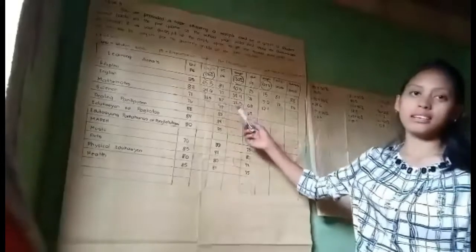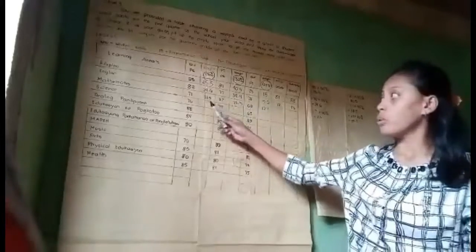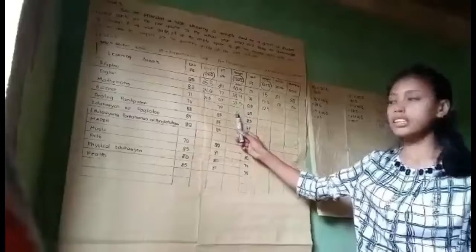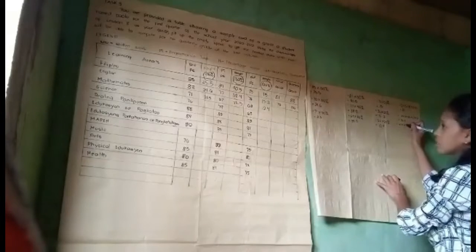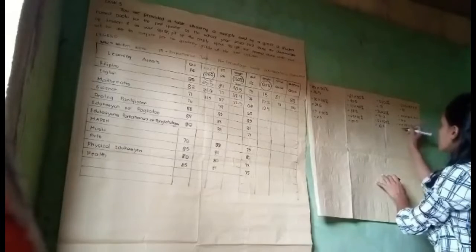For the initial grade of mathematics, let's add 21.3 plus 33.5 plus 12.4, which is equal to 67.2.